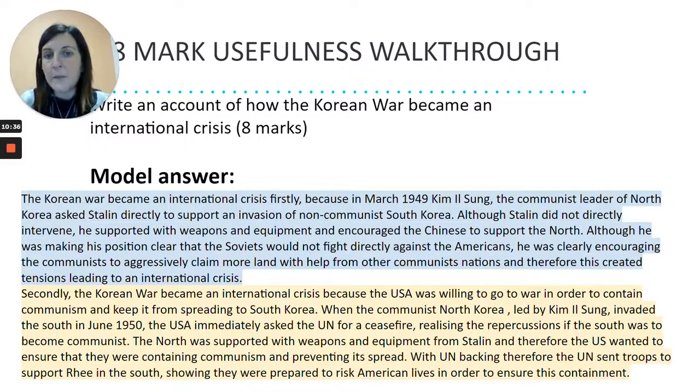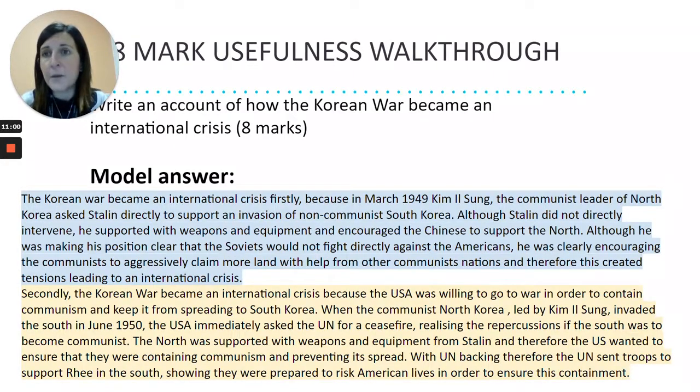The North was supported with weapons and equipment from Stalin, and therefore America wanted to ensure that they were containing communism and preventing its spread. And with United Nations backing, therefore, the United Nations sent troops to support Rhee in the South, showing they were prepared to risk American lives in order to ensure this containment. And therefore, it blew up into an international crisis.